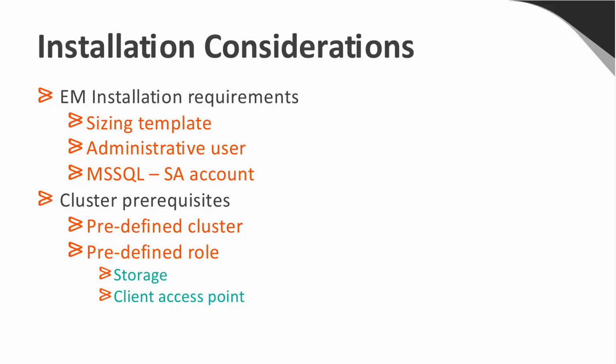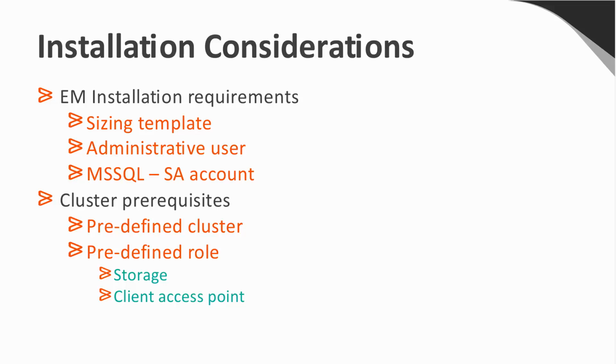There are a few installation considerations for Control-M9. Mostly these are the same as for a standalone Enterprise Manager installation, and the prerequisites in the installation guide do still apply. We recommend using the sizing template. Control-M9 does have different hardware requirements from previous versions. The user that installs Enterprise Manager does have to have administrative privilege on the systems.